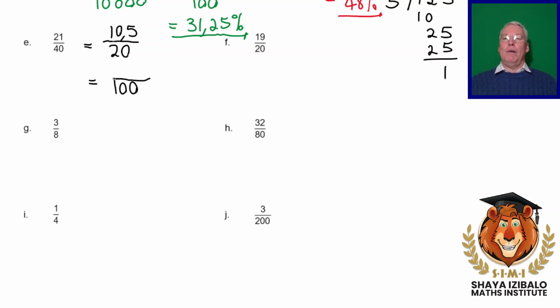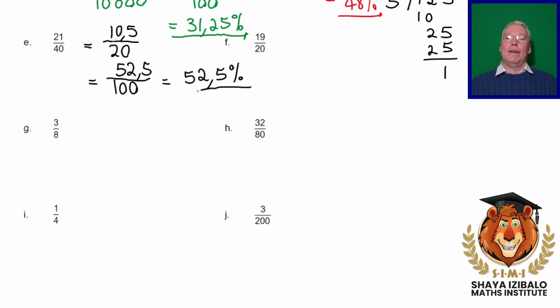And now we need to multiply 10.5 by 5, because we multiplied the bottom by 5, we must multiply the top by 5. 10 times 5 is 50. A half times 5 is 2.5. So this becomes 52.5 out of 100, and as a percentage, 52.5%.